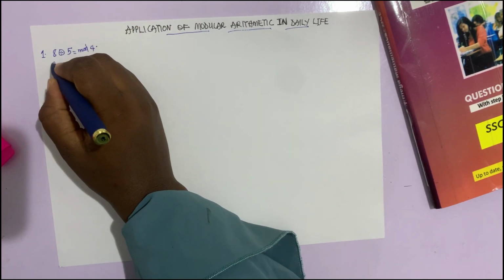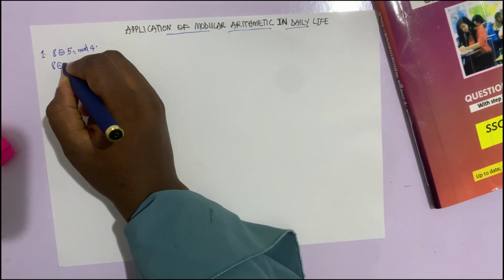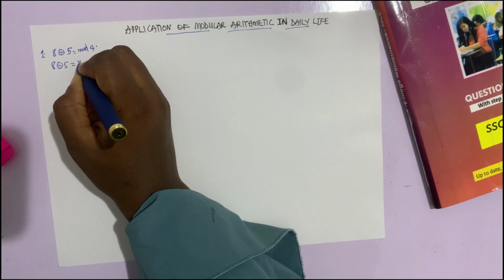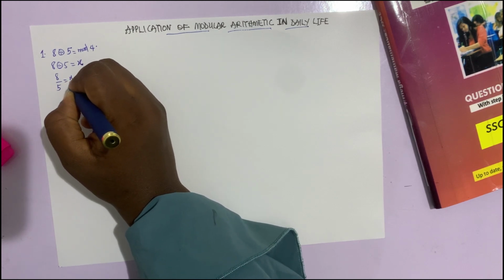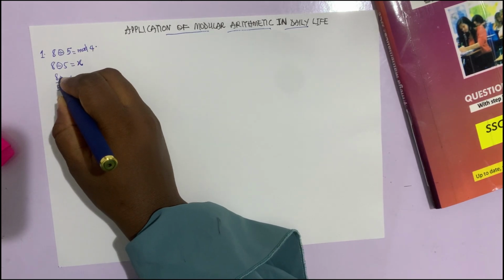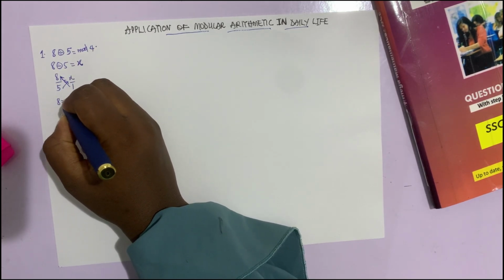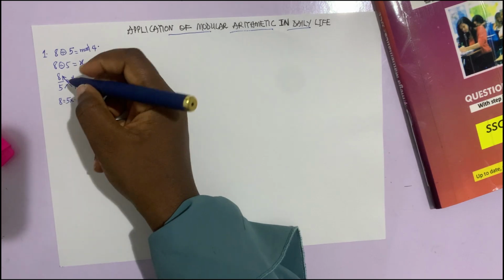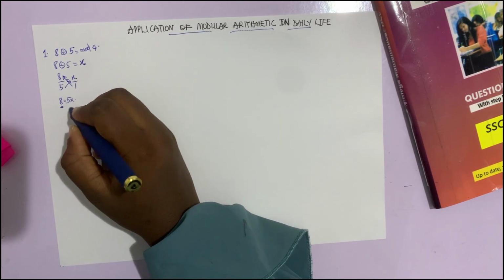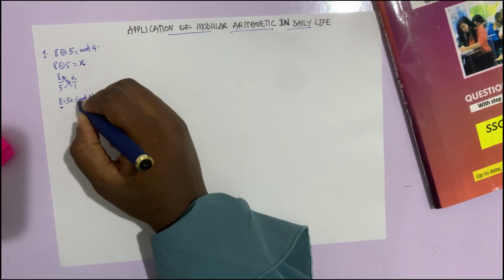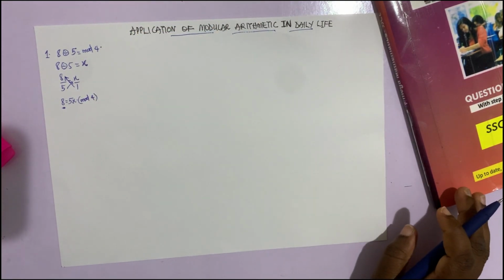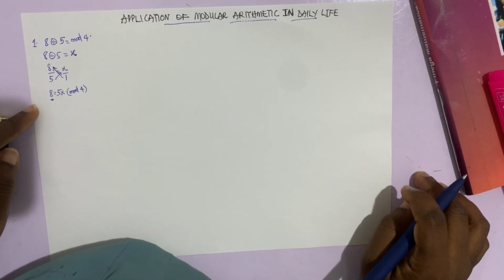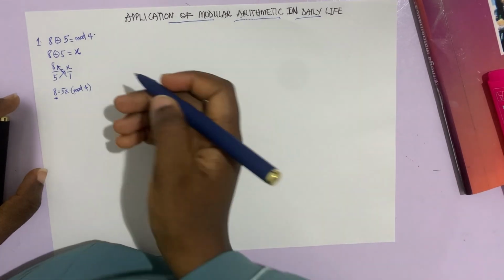So the first thing we will do: 8 divided by 5, assume that it is x. Then cross multiply. 8 times 1 is 8, and 5 times x is 5x. Then we want to get this 8 to become a multiple of 5, such that when it is divided by 5, we get a perfect answer without a remainder.